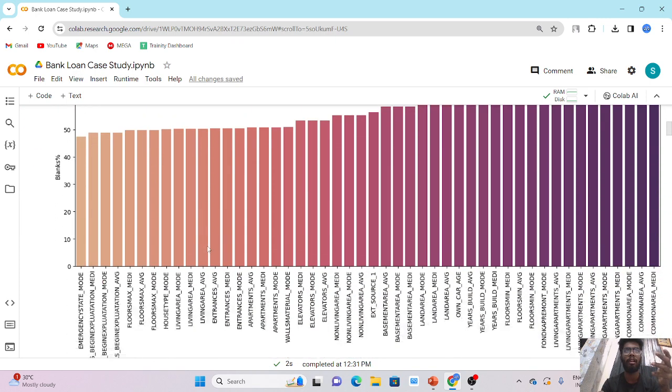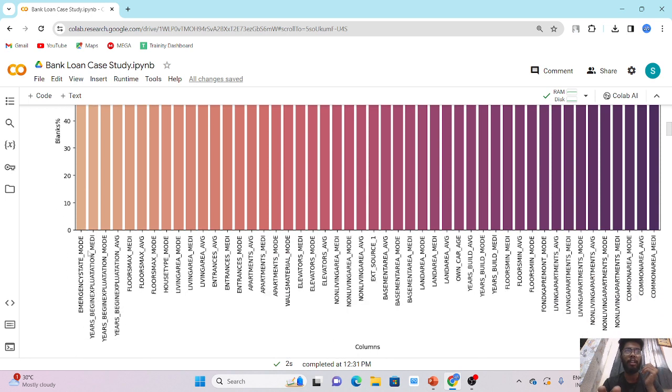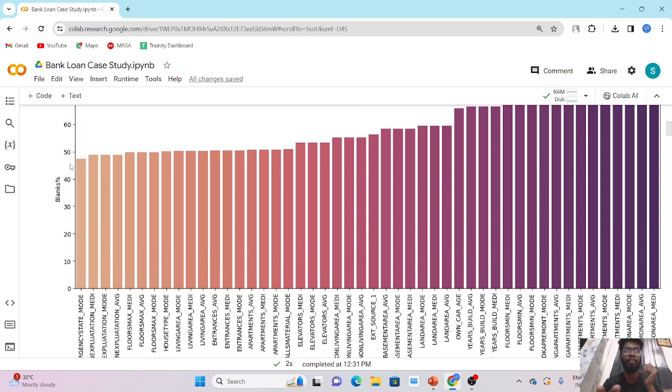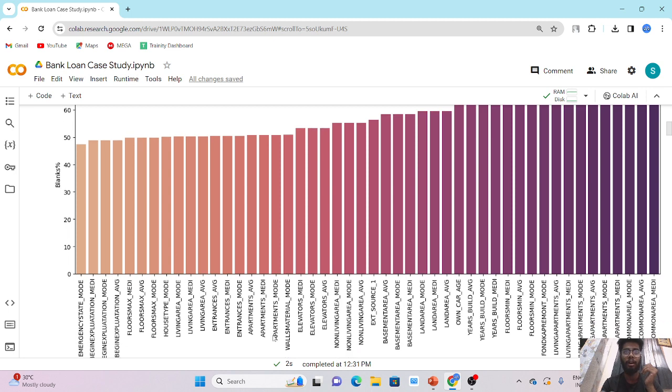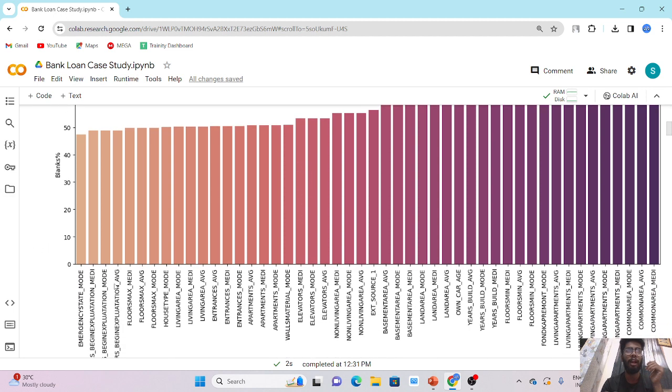This is a graphical bar chart for blank percentages: emergency state mode has nearly 45 percent blanks, and apartments has nearly 50 percent blanks, across all the variables in the data set.